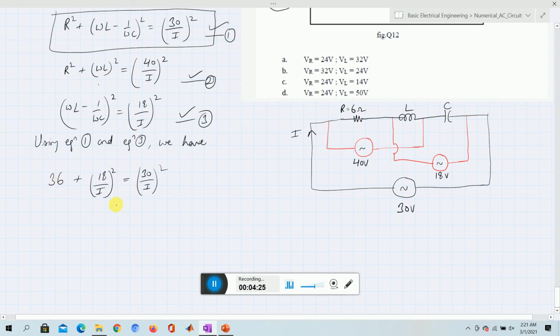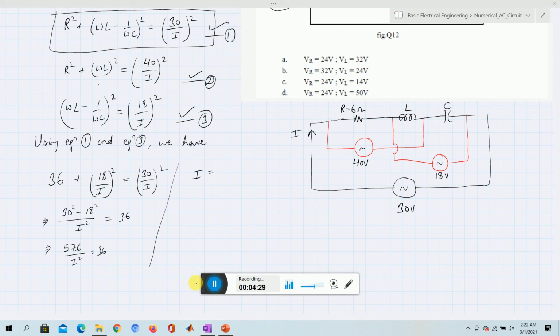So if we solve this, we can get the value of current. Finally we get I equal to root over 576 by 36, and this value comes out to be 4. So we got to know that the current at that particular frequency is 4 amperes.